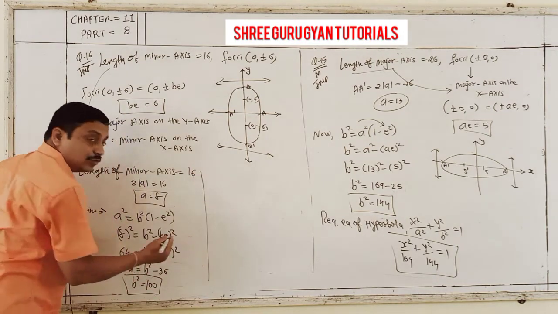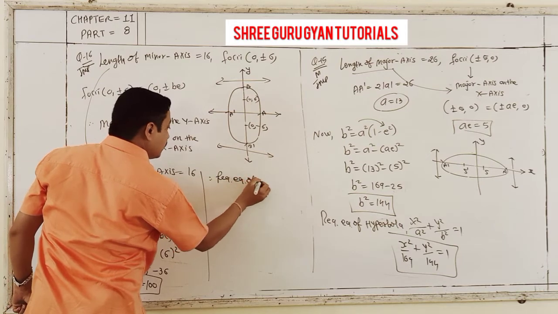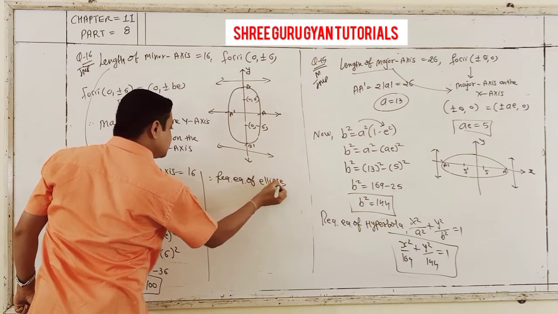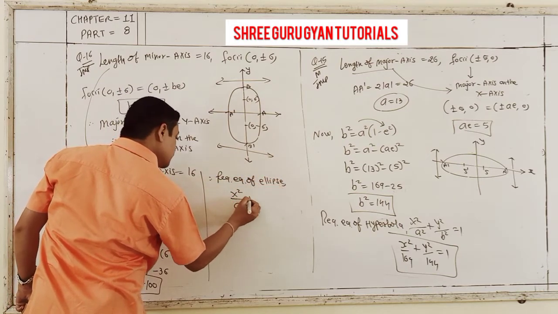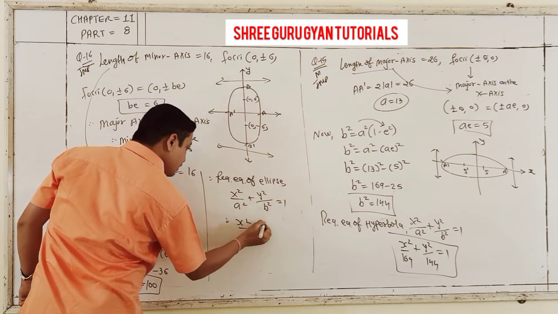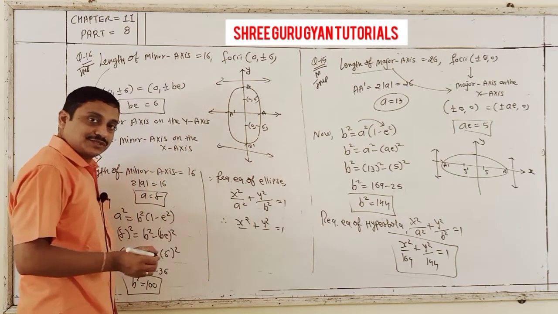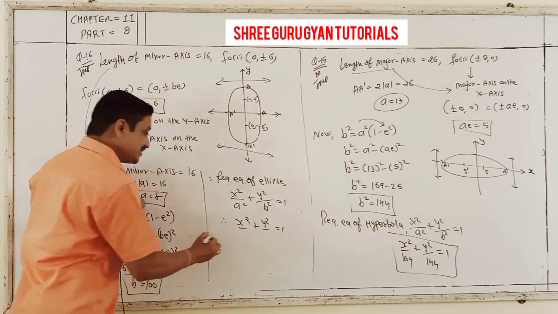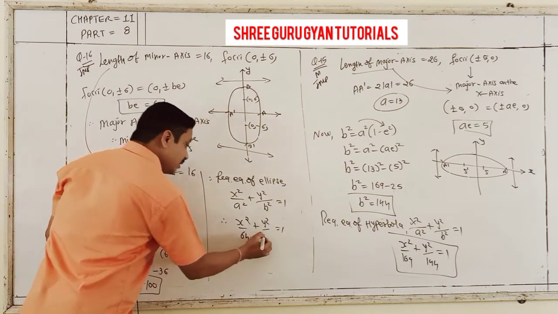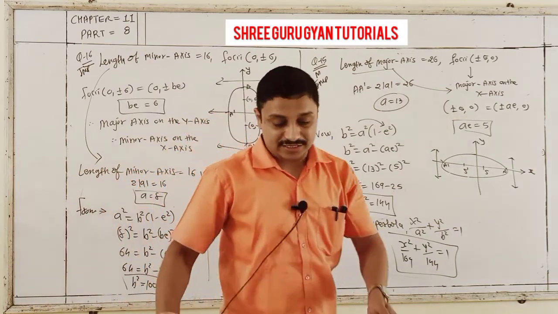And lastly, therefore the required equation of the ellipse is x square by a square plus y square by b square is equal to 1. Putting down the values, a square is 64 and b square is 100. Simple way. Your answer is an ellipse.